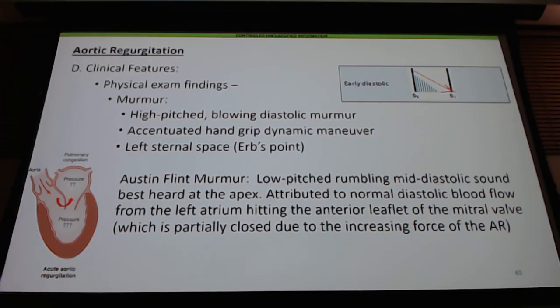And this, even though it's an aortic valvular disease, it's best heard at the Erb's point, or the left sternal border, not at the aortic auscultation site.